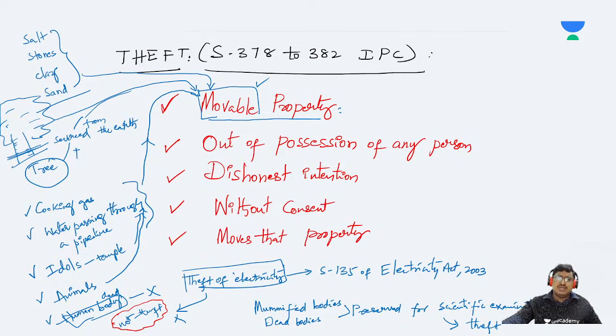Whenever he moves a particular movable property without the consent of its lawful possessor, with a dishonest intention, out of the possession of that lawful possessor, it becomes theft, friends. Now, these have all been well discussed, whether these are movable properties or not.